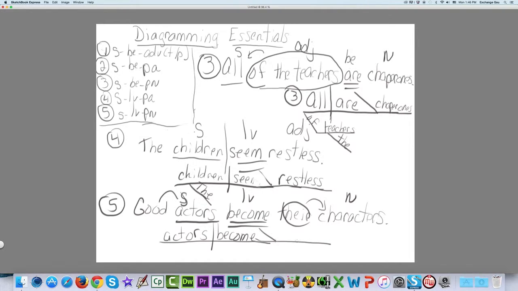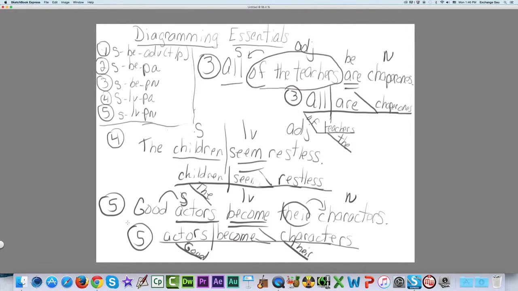So we have to have the slanted upper line that indicates a subject complement. There, again, answering which characters, their characters. And good, answering the question, what kind of characters? Good actors. So this is a number 5, and we write a number 5.